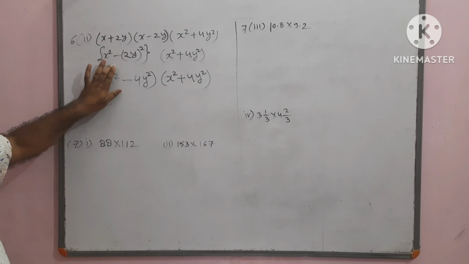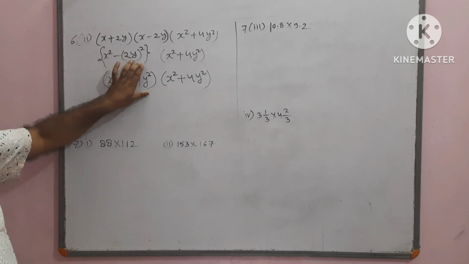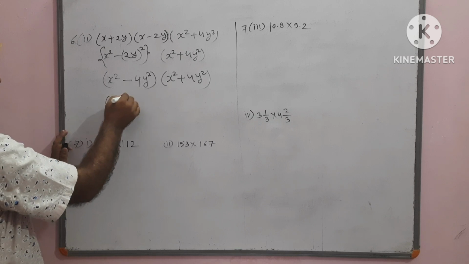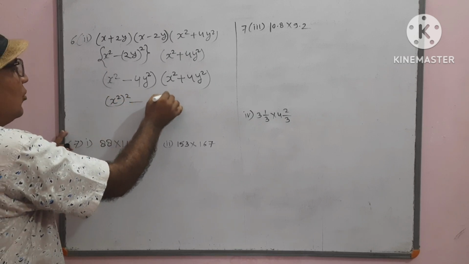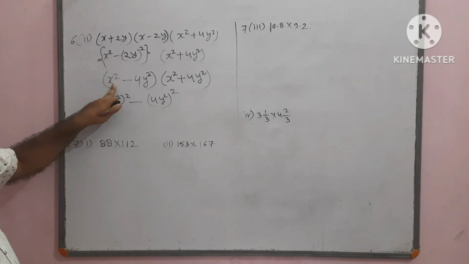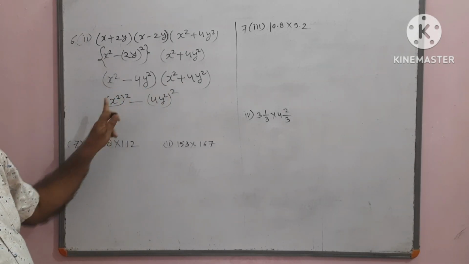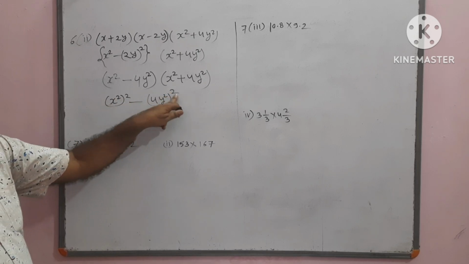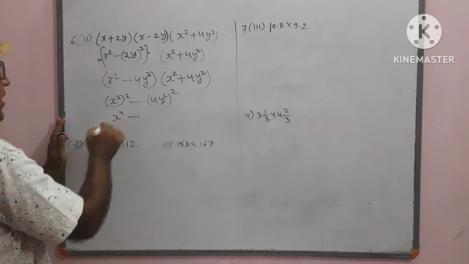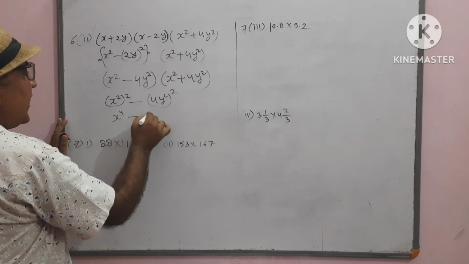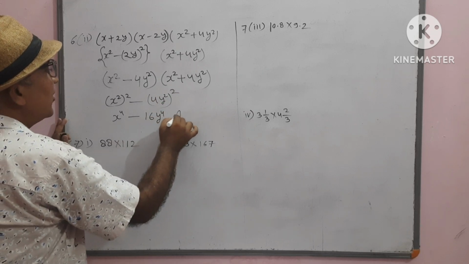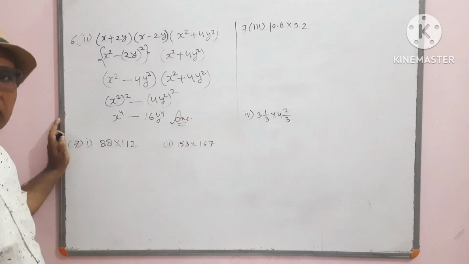That means at the place of A, x square, at the place of B, 4y square. So what will we do? X square whole square minus 4y square whole square. Understood why? Because A minus B into A plus B is equal to A square minus B square. Now calculate it. X square power 2 is x power 4. 4 square is 16 and y square whole square will be y power 4, and this will be your answer.